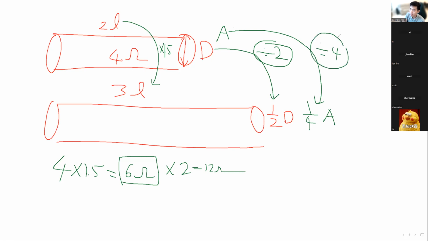And since area and resistance are inversely proportional, instead of multiplying by 2, I should multiply it by 4, which will end up with 24 ohms, right? Understand or not?